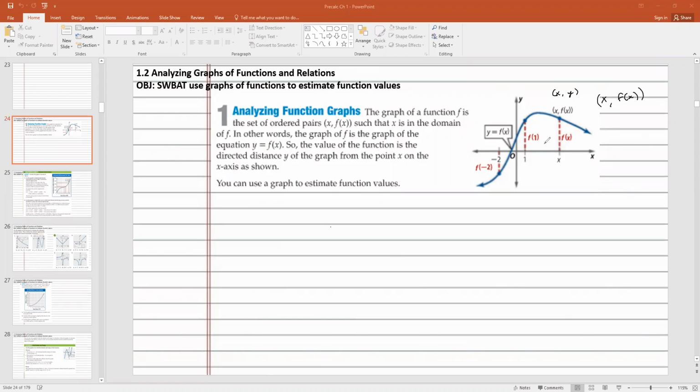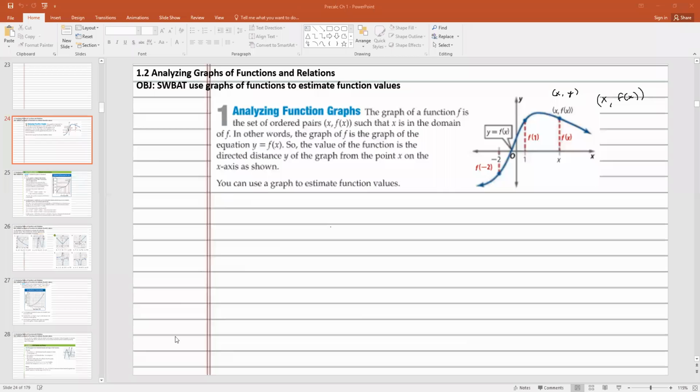So determining what the x is, you can plug that into the function and you'll get your y value. So it's just telling us our points.